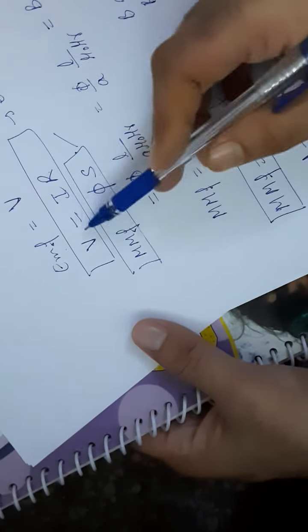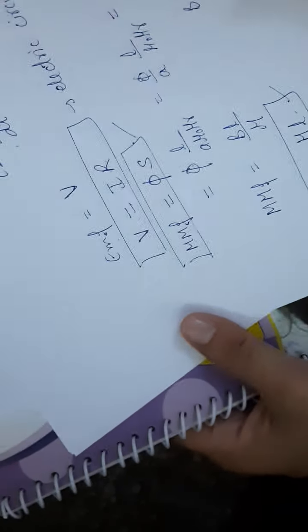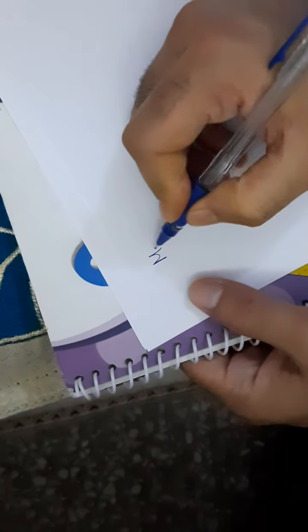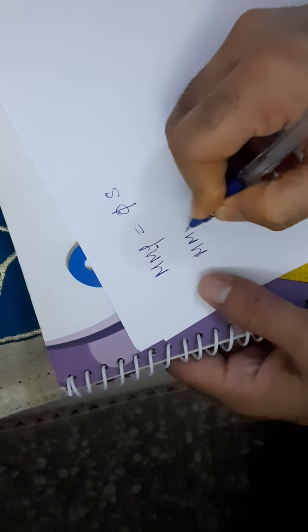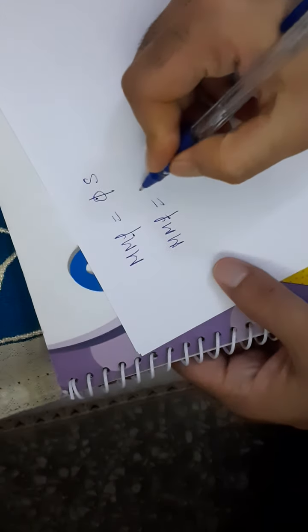I will write it again. You know how I derived this MMF from the electrical equivalent EMF. So MMF is nothing but, what is the first formula? Phi into S, flux into reluctance. Then the second formula is H into L, magnetic field intensity into length.